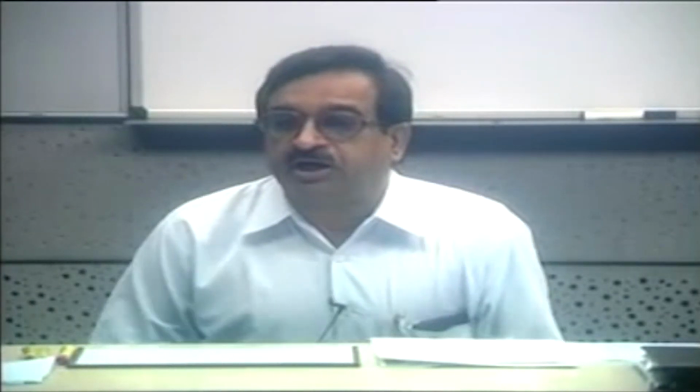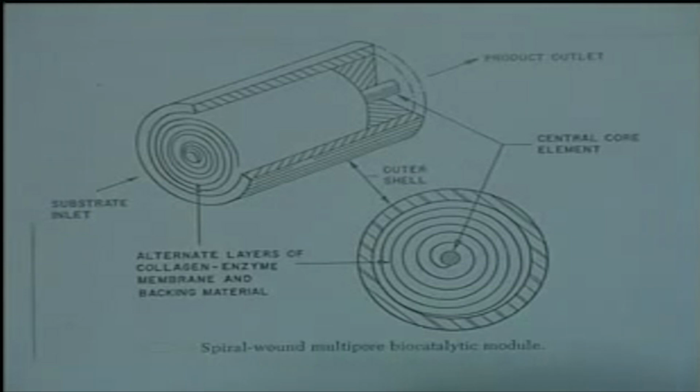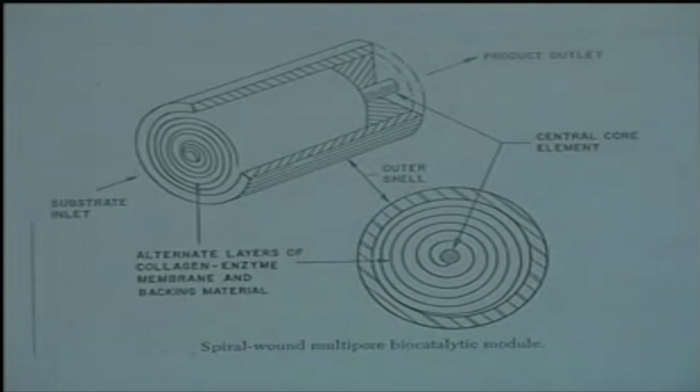Another very important industrial reactor which has been used is the spiral bound multipore biocatalytic module. If you recall, the immobilized enzyme preparation is in the form of a thin long membrane film, which is wrapped around a central core, and the enzyme membrane is also separated by a wire mesh or some kind of solid support, so that its mechanical strength improves.